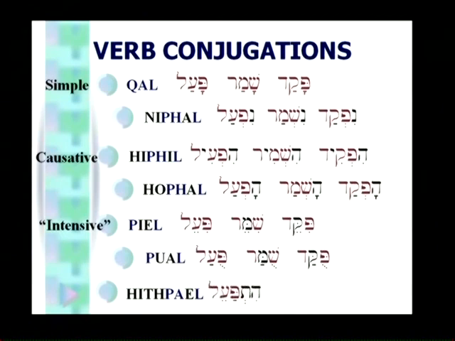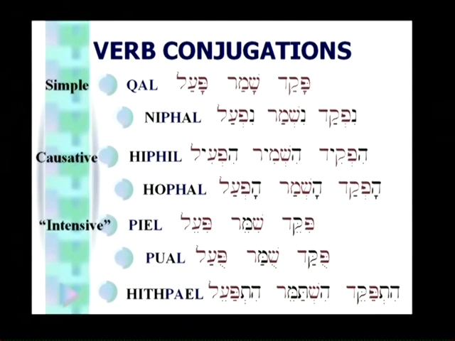And then hithpael, he made himself. Hishtamer, he kept himself. You'll see a transference there of the two letters. We'll talk about that later on. And hithpaked. So the hithpael has the hith on the beginning of it, and it has the same vowels.